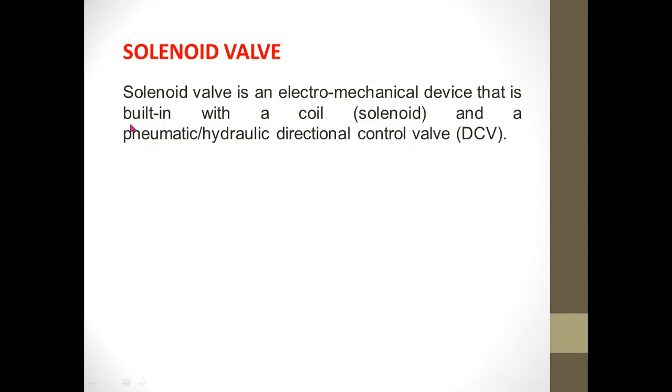We term this the plunger of the solenoid valve. The solenoid valve is the intermediary part of the pneumatic system. That means you have the pneumatic power section, and you also have the solenoid valve in the control circuit.